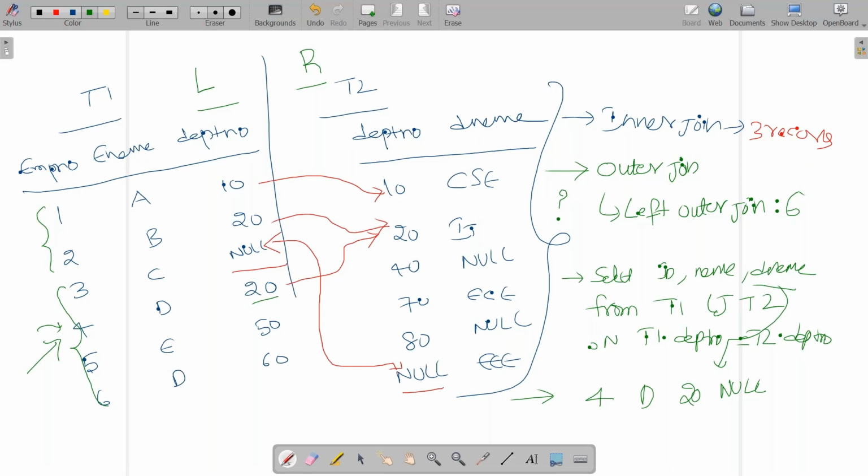So what is the output for right outer join for this data? How many records are you going to get in the right outer join? 6 records. All the matching and non-matching records it is going to display.